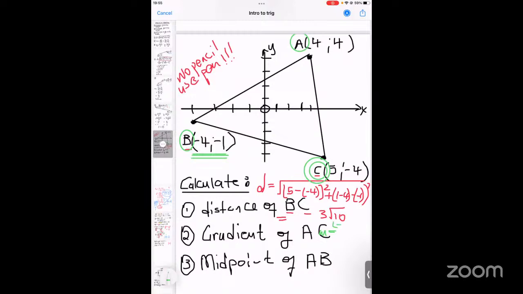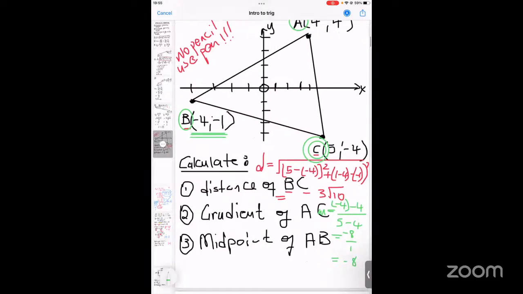I can use that -4 because it's the C value, minus, obviously it's going to be 4, divided by x2 being 5 minus 4. Then at the top you end up having -8 because it's -4 minus 4, and then at the bottom you end up having -1, and then the answer there becomes -8. And that will be your gradient.